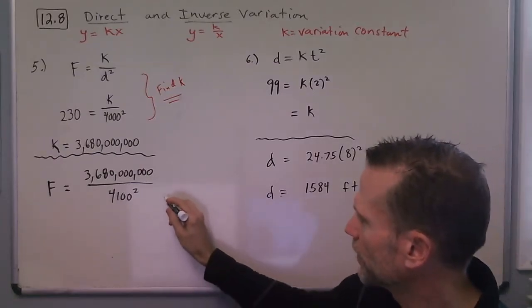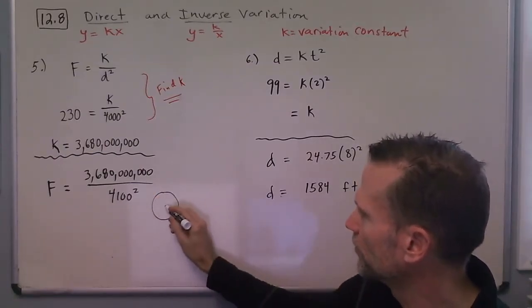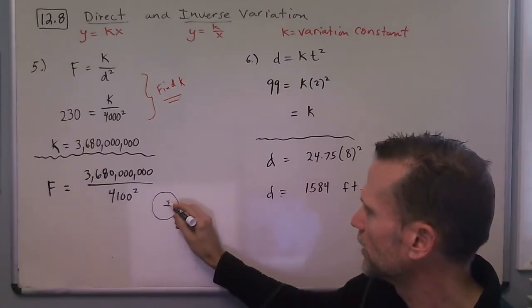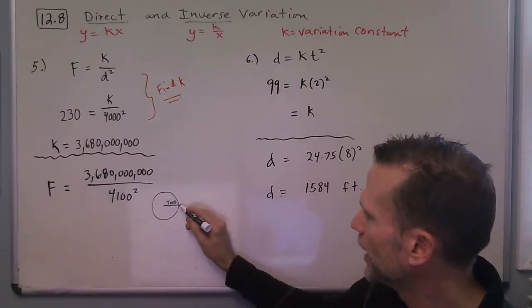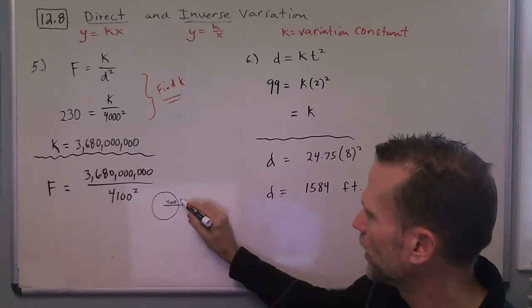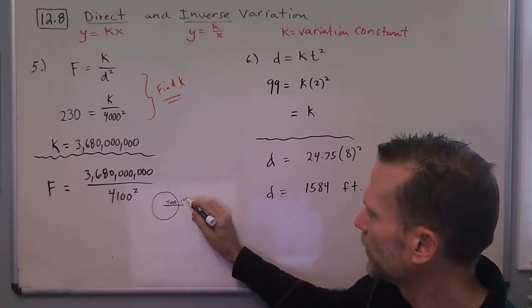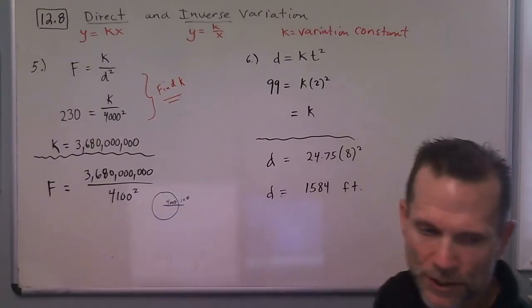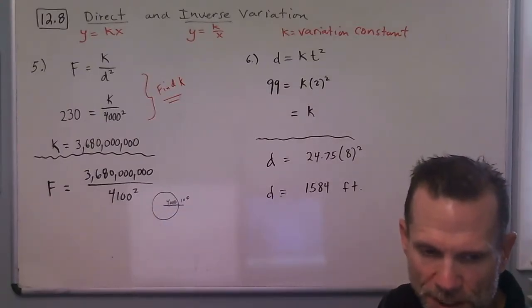Okay, so if you think about this, we know they're giving us that this is 4,000 miles here, and then the astronaut moves off 100 miles. So now the astronaut is 4,100 miles from the center of the Earth.